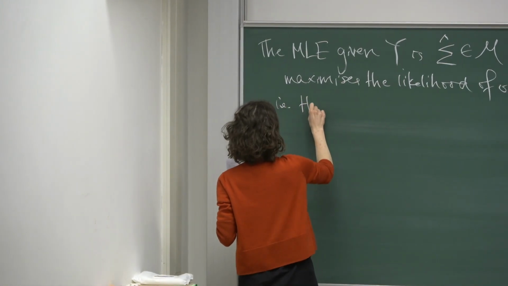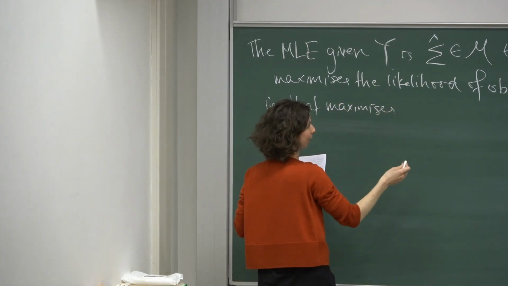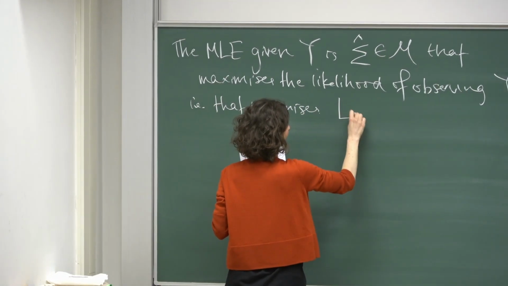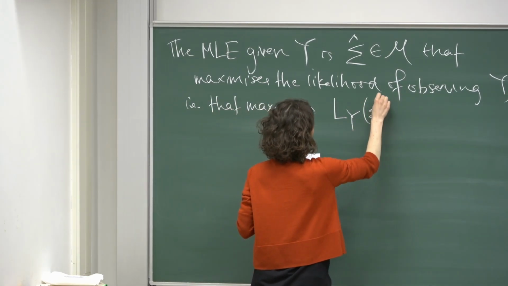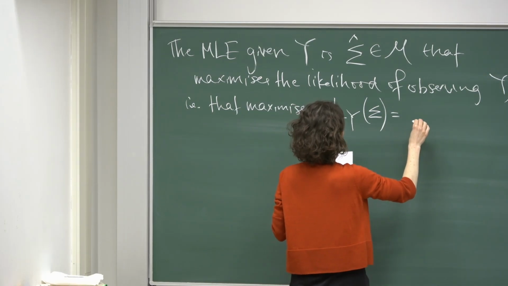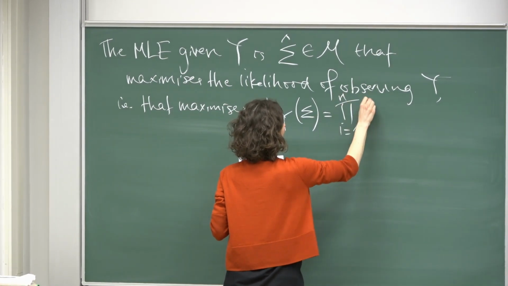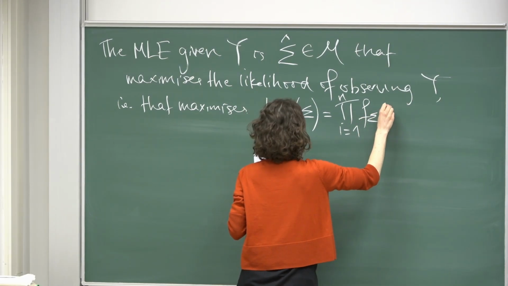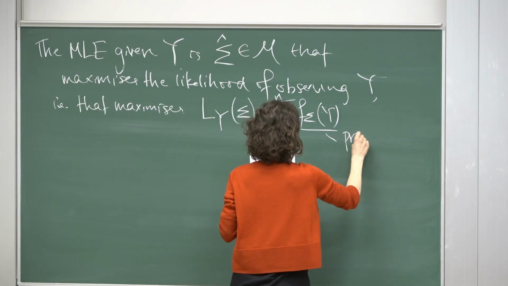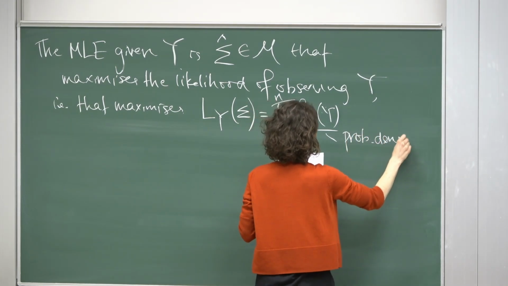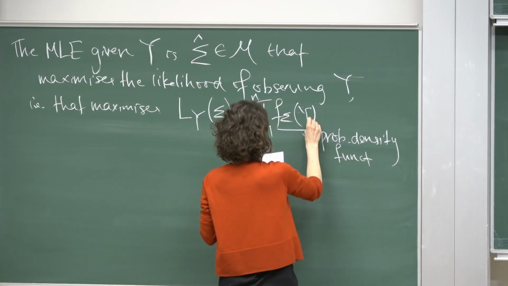That is, that maximizes the likelihood function, which depends on the sample, and it maps this covariance matrix to the product of f sigma of y_i, which is the probability density function of the y_i.